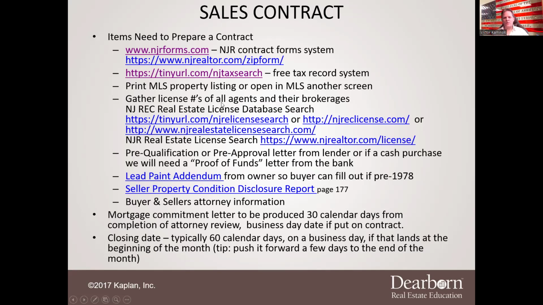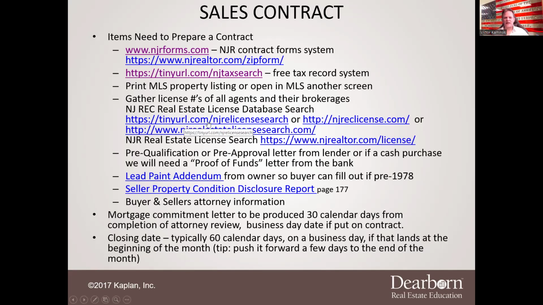We're going to need another window open to open up the Real Estate Commission's website that we could search, because we have to add to contracts now the brokerage license number, the agent's license numbers and information. And so I got a tiny URL here that'll point you to the Real Estate Commission's website.